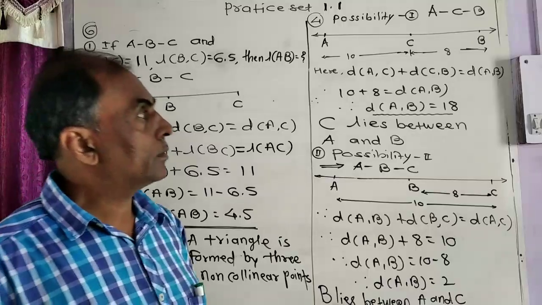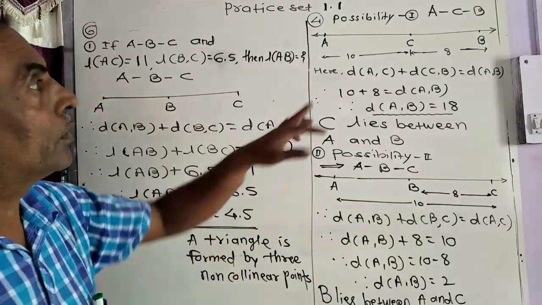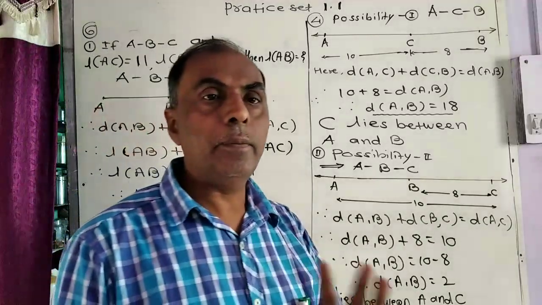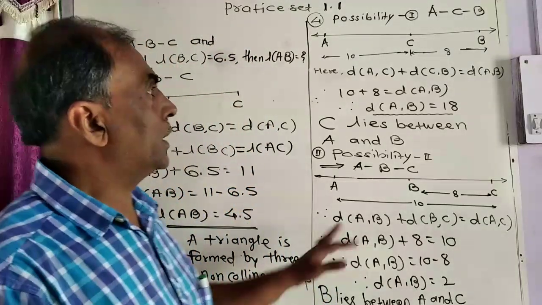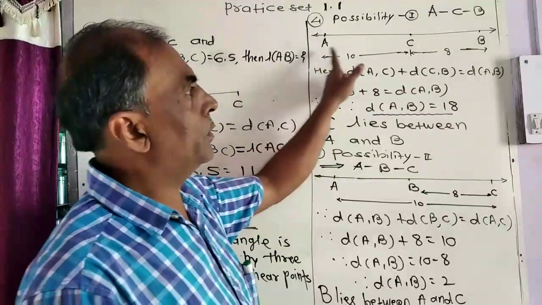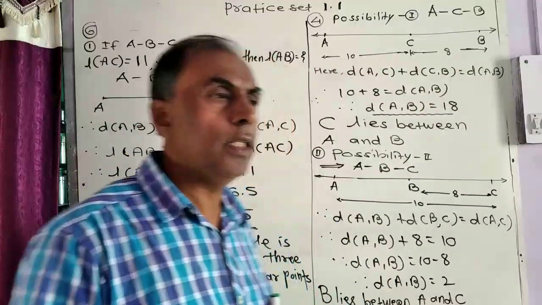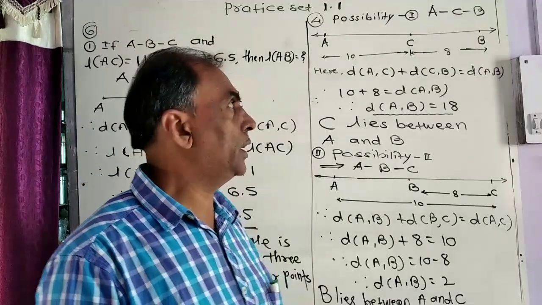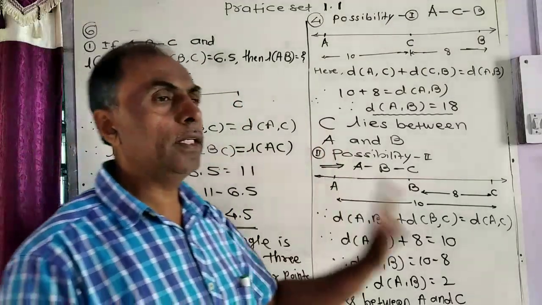In the previous video, if three given points are collinear, then there are 3 possibilities. Now in this example we have 3 points, A, B and C. Using these 3 possibilities, how many possibilities can exist? For this, we find the distance AB.